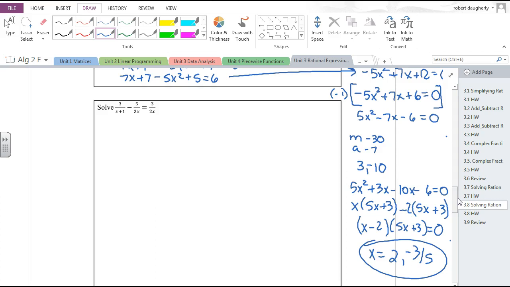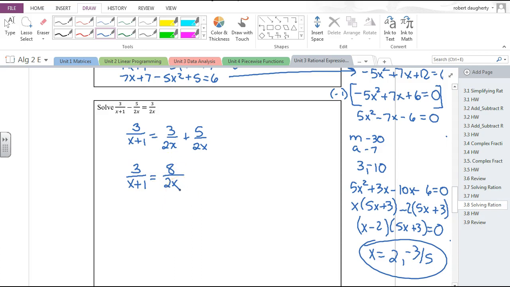So I can rewrite this as 3 over x plus 1 equals 3 over 2x plus 5 over 2x. What's 3 over 2x plus 5 over 2x? 8 over 2x. So this is 3 over x plus 1 equals 8 over 2x.